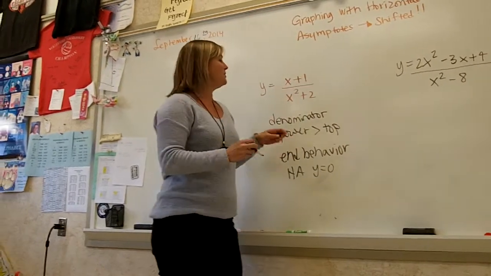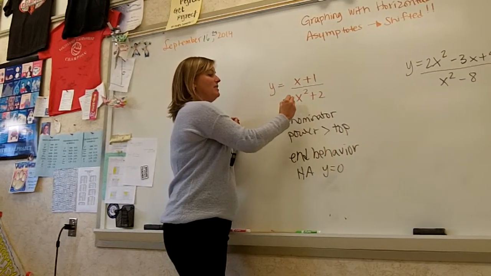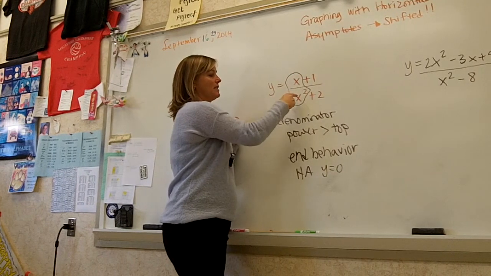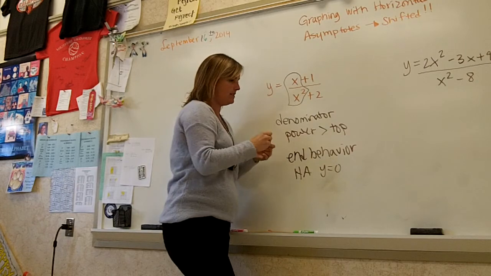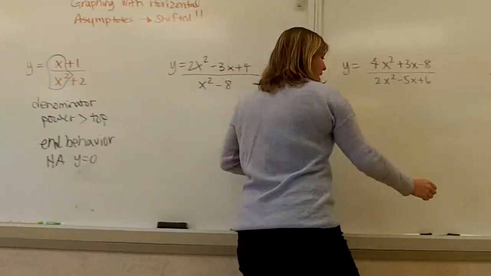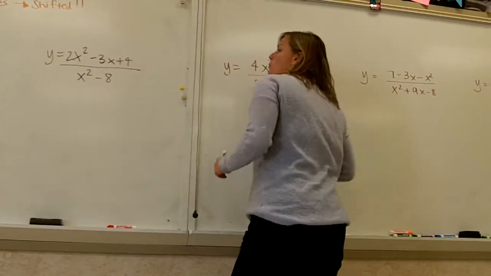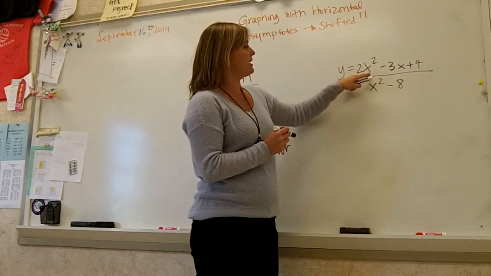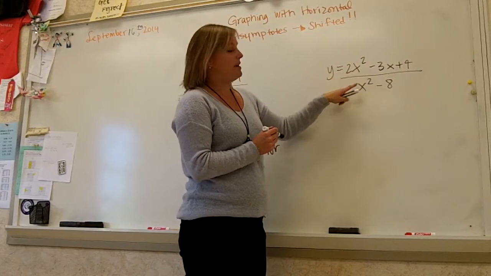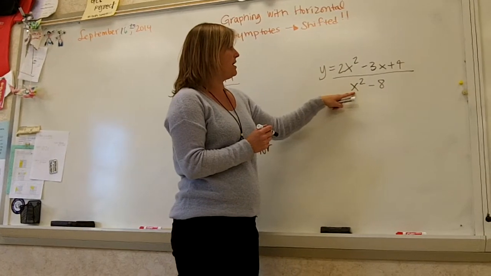Notice that yesterday every single problem was the same. When you looked at the two biggest powers in the problem, the power on the bottom was always bigger than the power on the top. So today, look at this: the biggest power is 2x squared on the top, and down here it's x squared on the bottom.